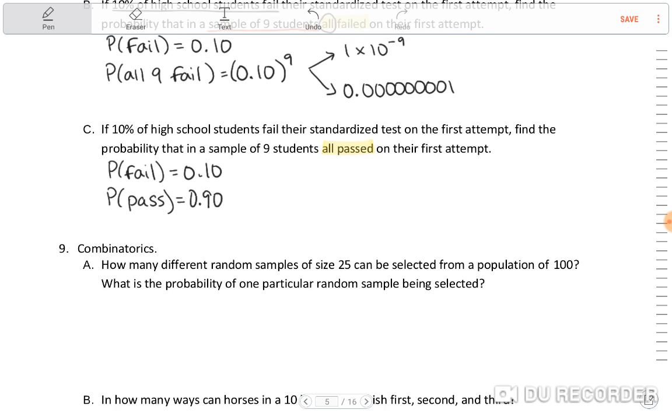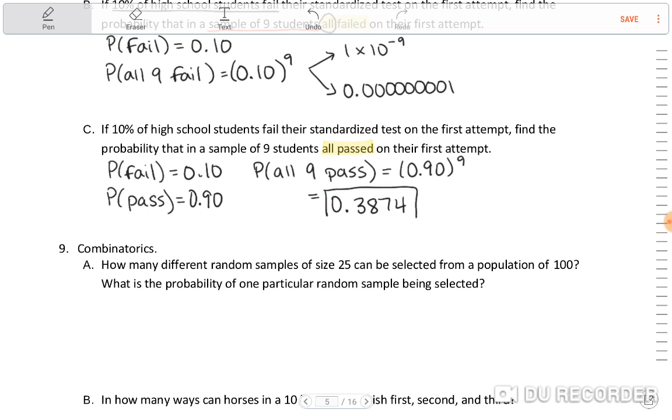Okay, so if we want to know the probability that all 9 pass, well, we take the probability of passing, which is 0.90, and we're going to raise it to the 9th power, right? So now when I multiply that, I get 0.3874.